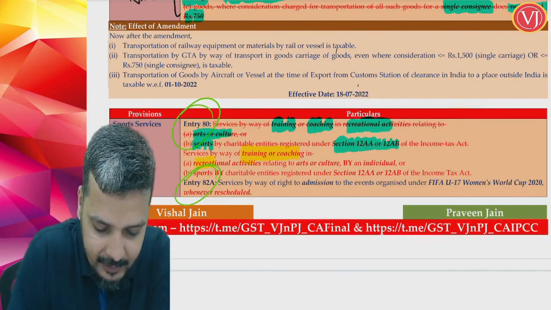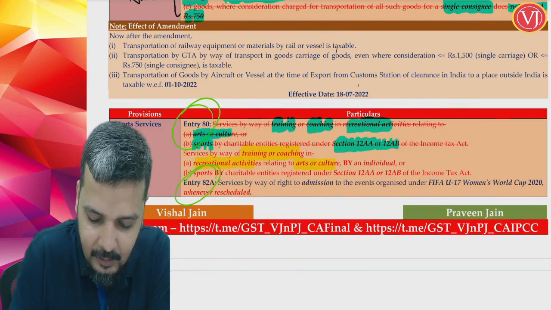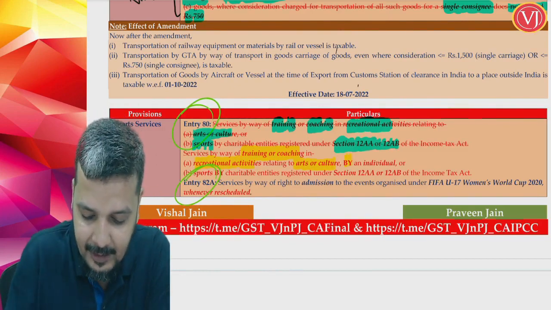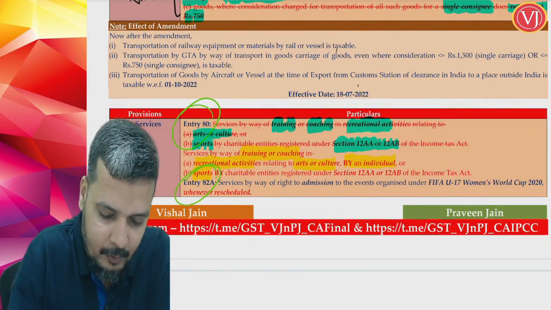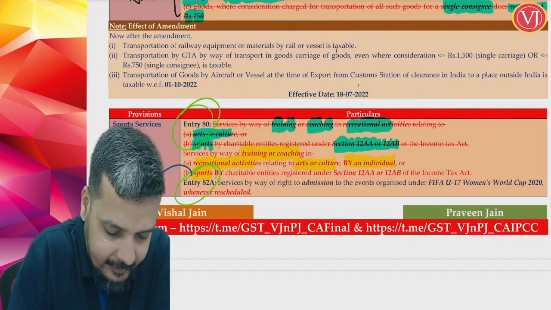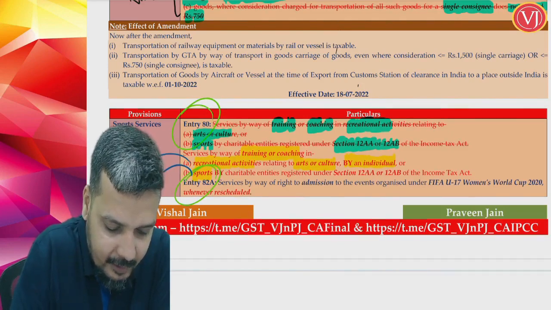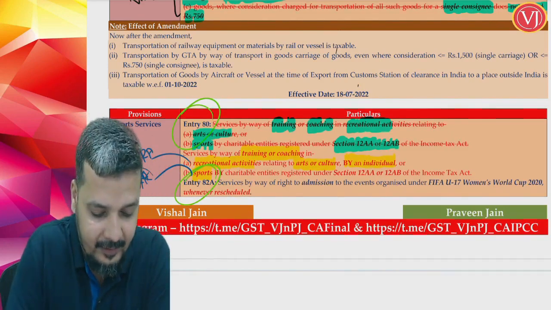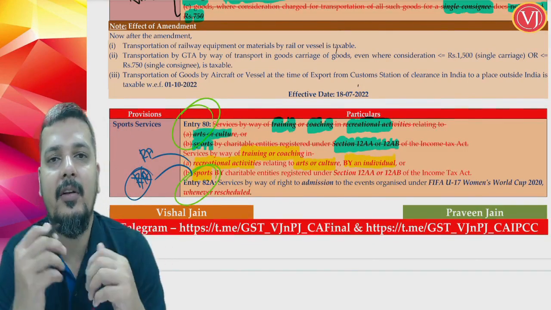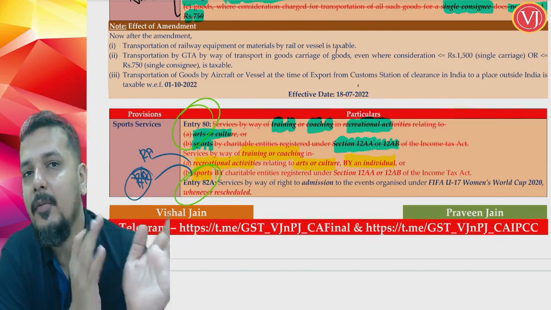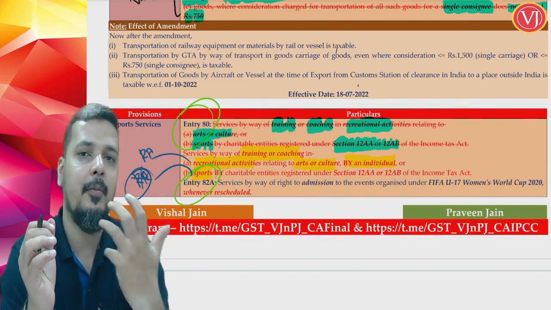For arts or culture, recreational activities are exempt if it is by an individual. For sports, they no more call it a recreational activity. For arts or culture, they still call it recreational activity, but for sports, they understand that there's a huge scope or career. You can focus on sports as a career. Therefore, they removed the term recreational activities from sports.